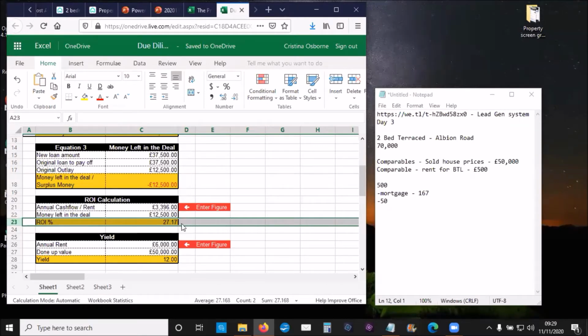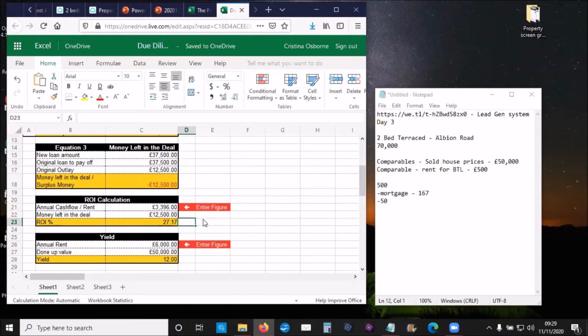Some landlords will not buy a property that's less than 30% ROI. Some landlords are more than happy as long as it's higher than any bank interest rate that they can get from a bog standard high street bank in the UK.